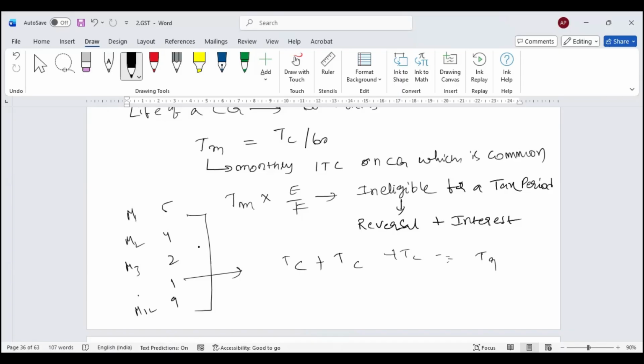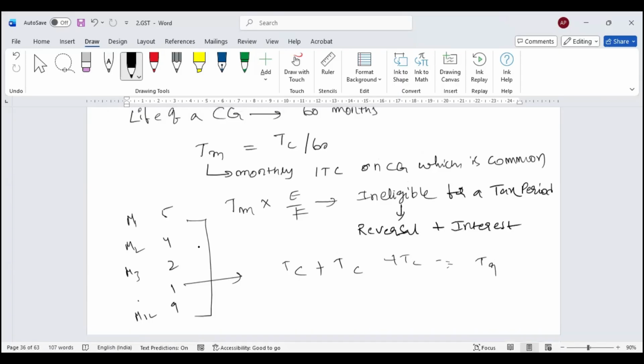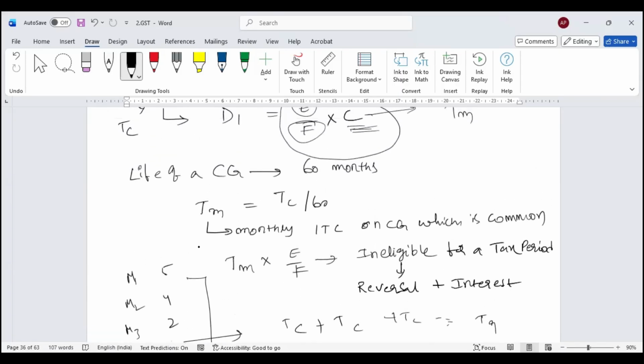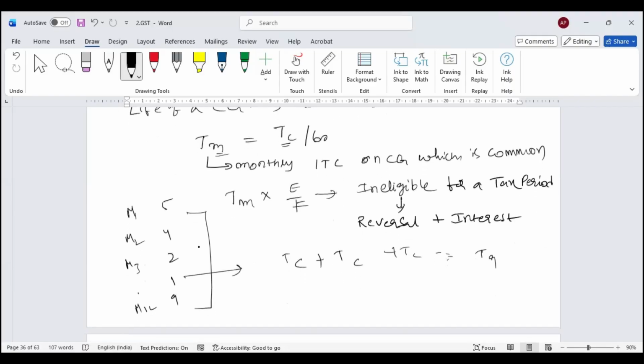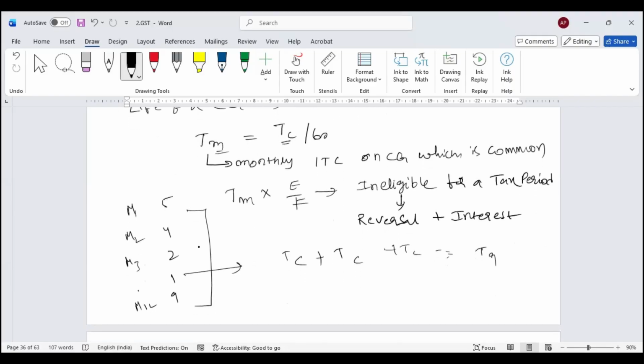This is how you identify the TC asset wise, put it to TR divided by 60, again you will get back TM. Just keep in mind, concept is that first you identify the common credit. That common credit divided by 60, I'll get per month. So whatever individual asset-wise credits are there, put into one common kitty called TR. That TR divided by 60 is where I get my TM, monthly reversal.